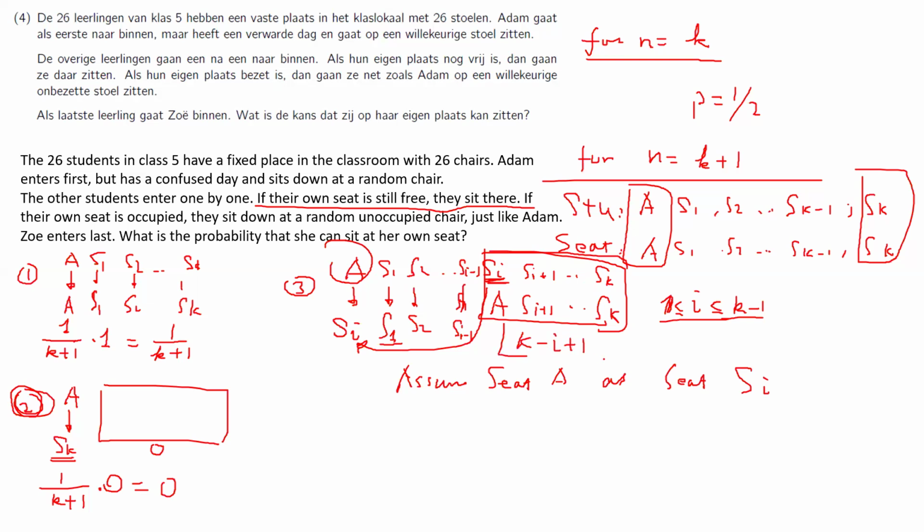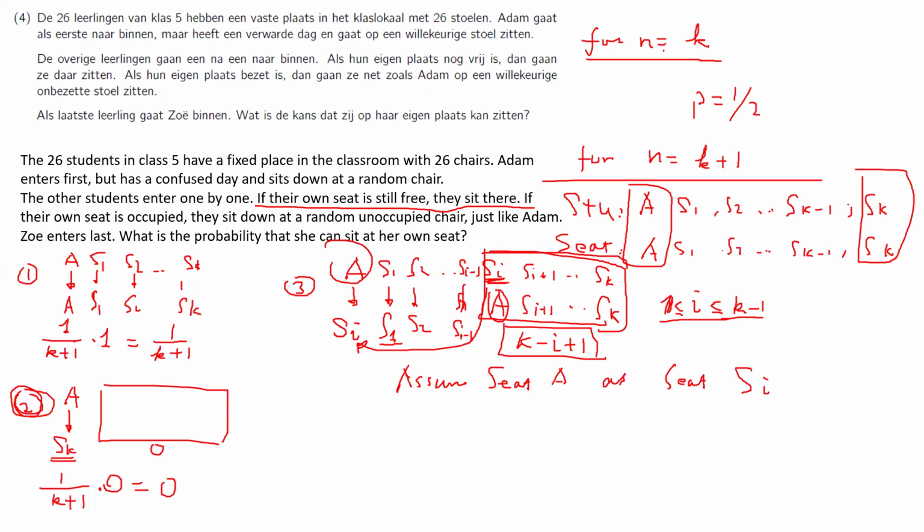For the rest of the students, SI is a new Adam. He can select Adam's seat, and he can also select other seats. So now we can use the assumption in the mathematical induction.